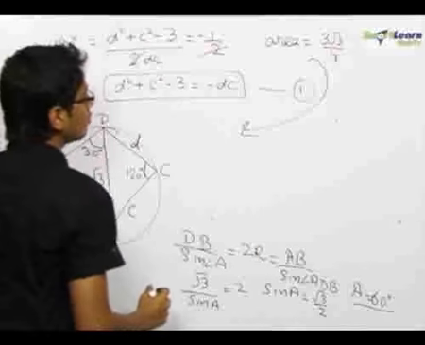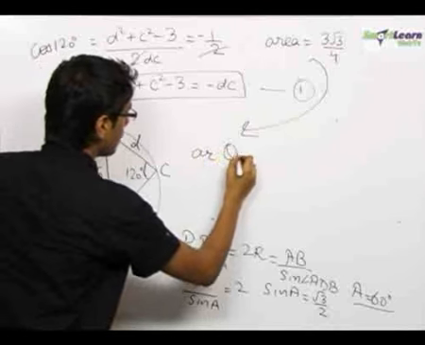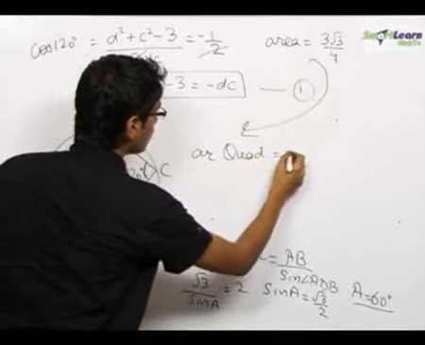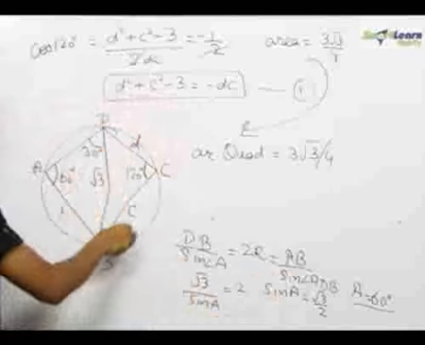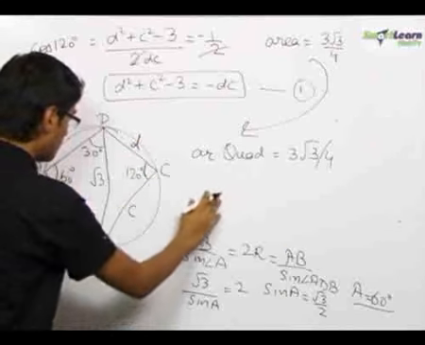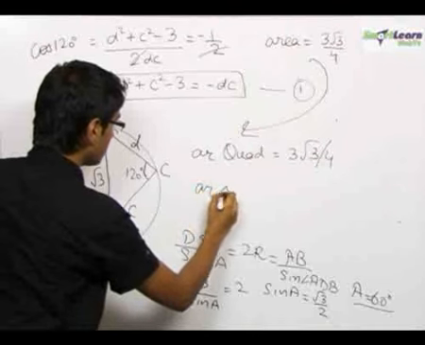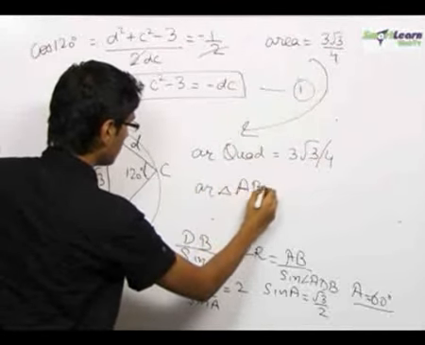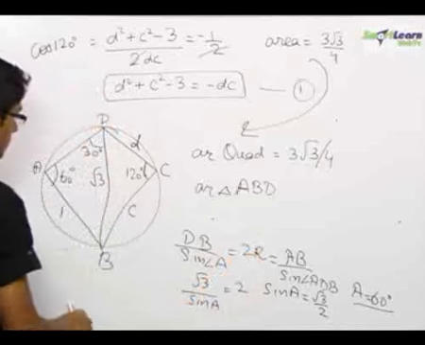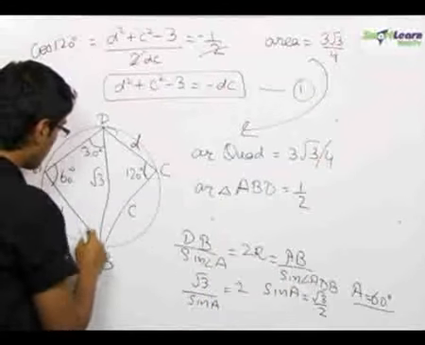Area of quadrilateral is given to be 3 root 3 by 4, and this quadrilateral is made up of two triangles, and area of triangle ABD equals half into 1 into root 3 into sine of angle ABD.